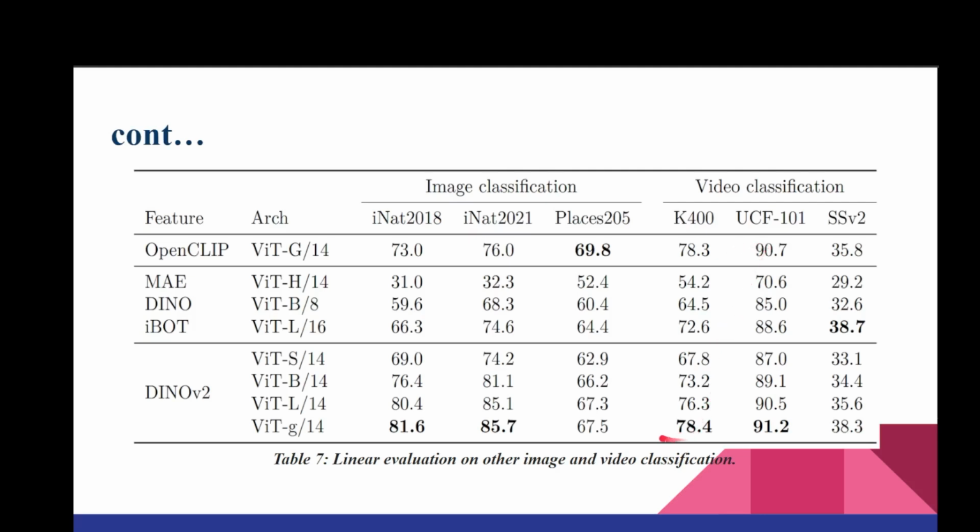Here you can see it has an accuracy of 78.4 on the K400 dataset, 91.2 on the UCF101 dataset, and 38.3 on the SSV2 dataset, which doesn't outperform the other SOTA models. The iBot actually has better performance than DINOv2.